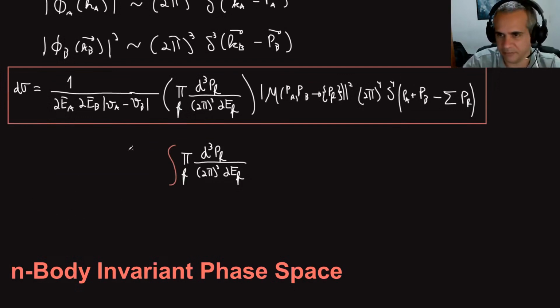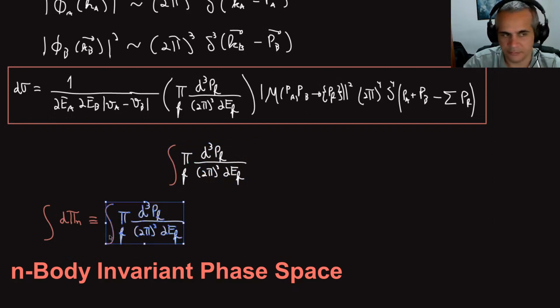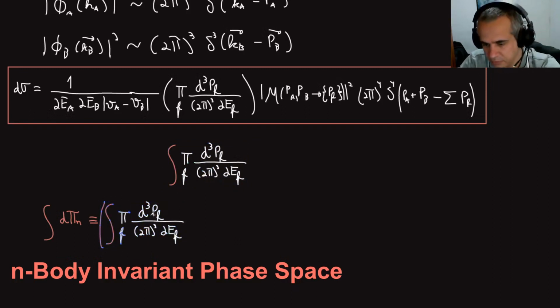invariant phase space. We usually write it like this, dΠn, which is defined as these three factors.